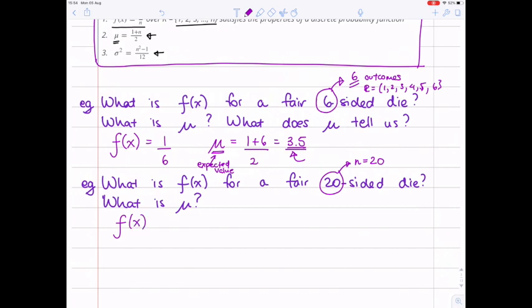So our probability function is going to look like just 1 over 20. Our mu is going to be (1 plus 20) over 2, which gives us 10.5. So if you have a 20-sided dice and you keep rolling it and you make a note of what you get each time and then you add up an average, that's going to give you 10.5.